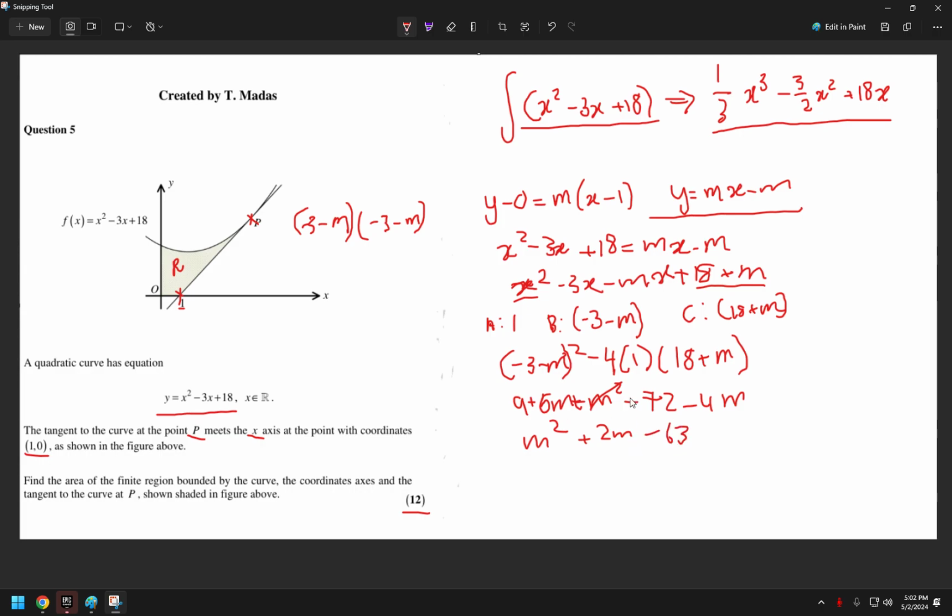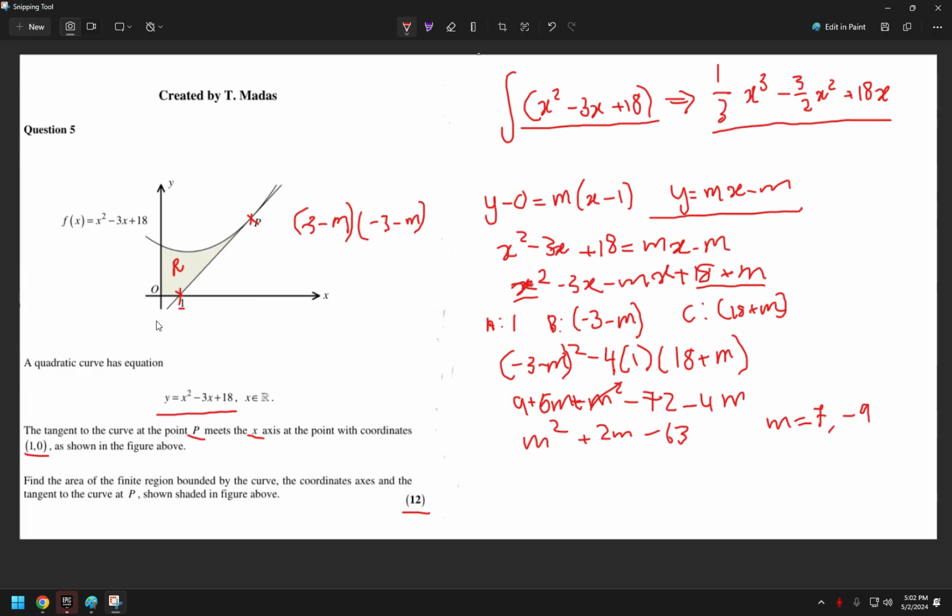Now, by doing so, you can use your equation solver on the calculator. Just to be safe, make sure you write the quadratic formula down on your paper. So I could do 1, 2, minus 63 on my equation solver, and I get two values. m is either 7 or m is minus 9.